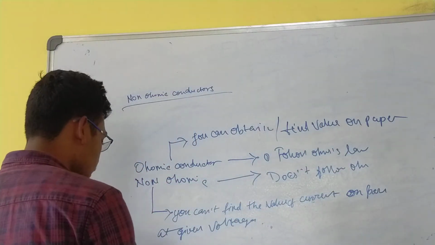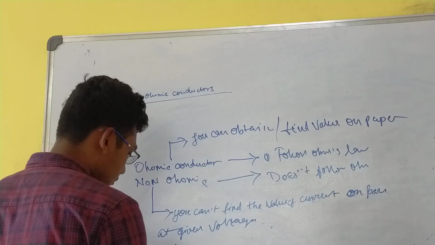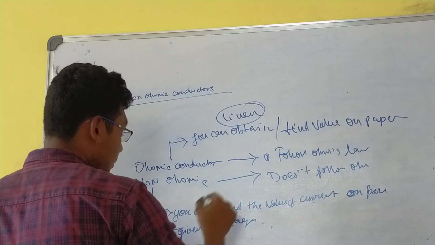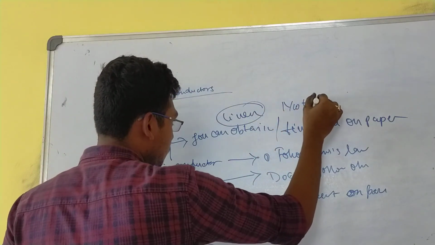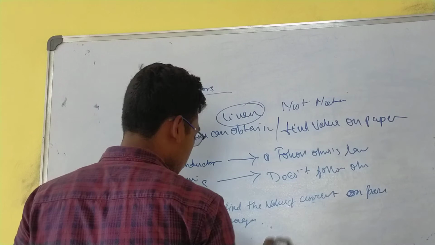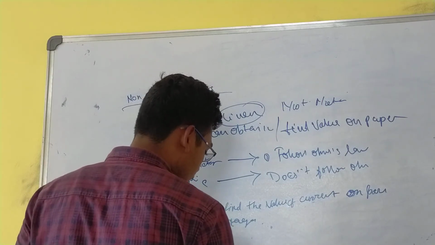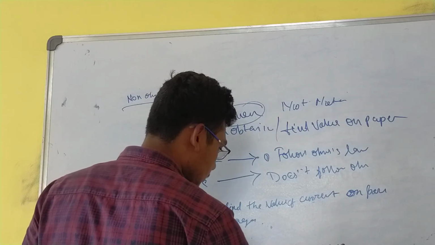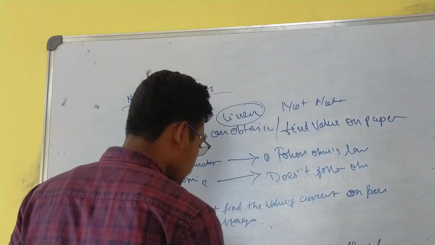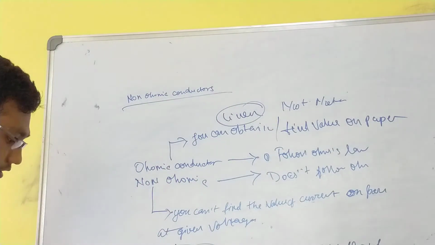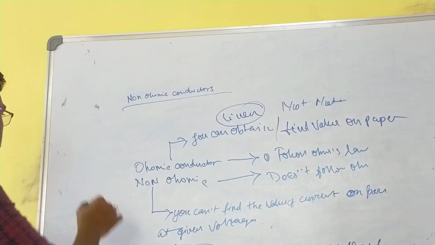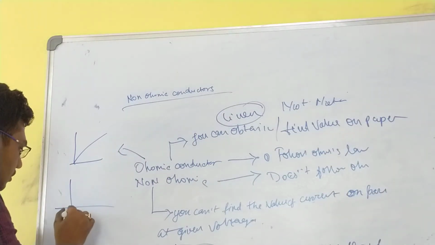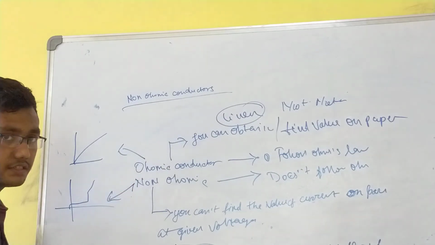So this is non-linear, this is linear. Most of the metals come under the ohmic category, while semiconductors or metalloids are non-ohmic. The systems which follow Ohm's law are ohmic conductors. Those that do not follow Ohm's law are non-ohmic conductors. That's it.